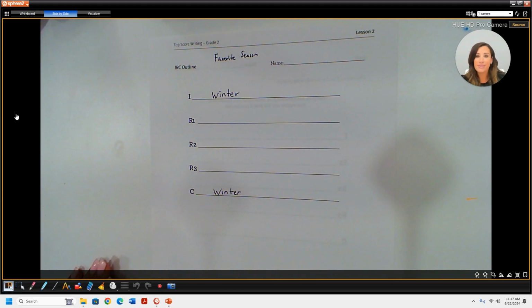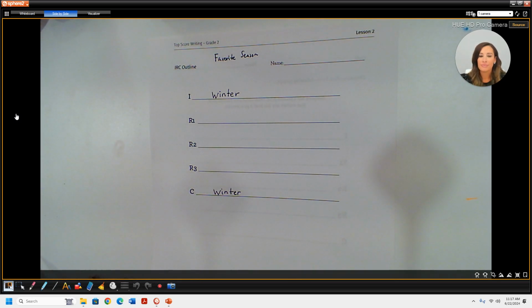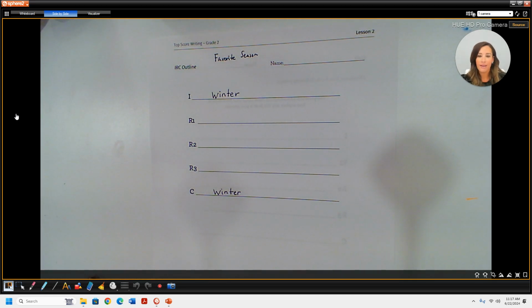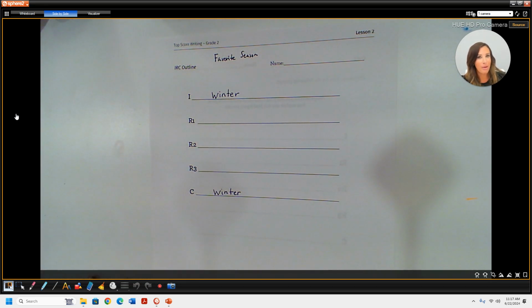If I was to pick summer as my favorite season, I would write summer, summer. If I was going to pick fall, I write fall, fall. Whatever you pick as your main topic that you're going to be writing about, you write on the I and the C line. Okay, remember that, because every time you plan, you're going to do that.